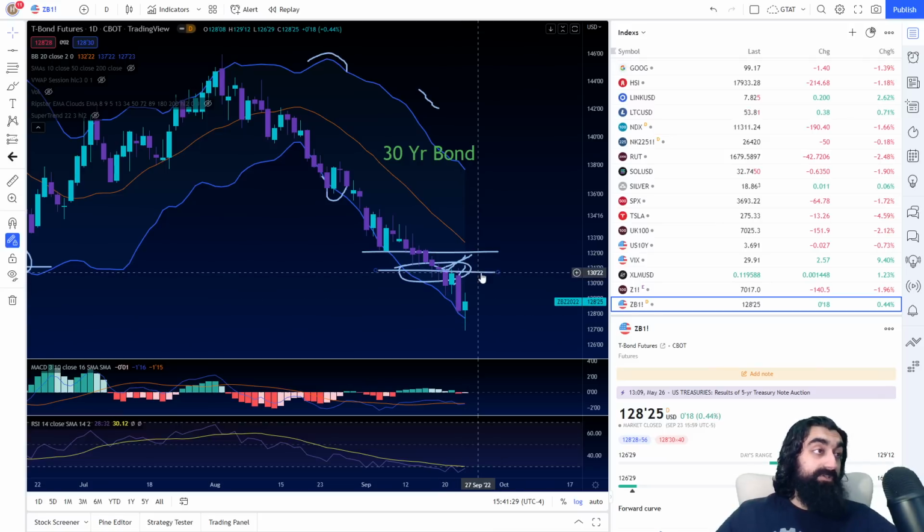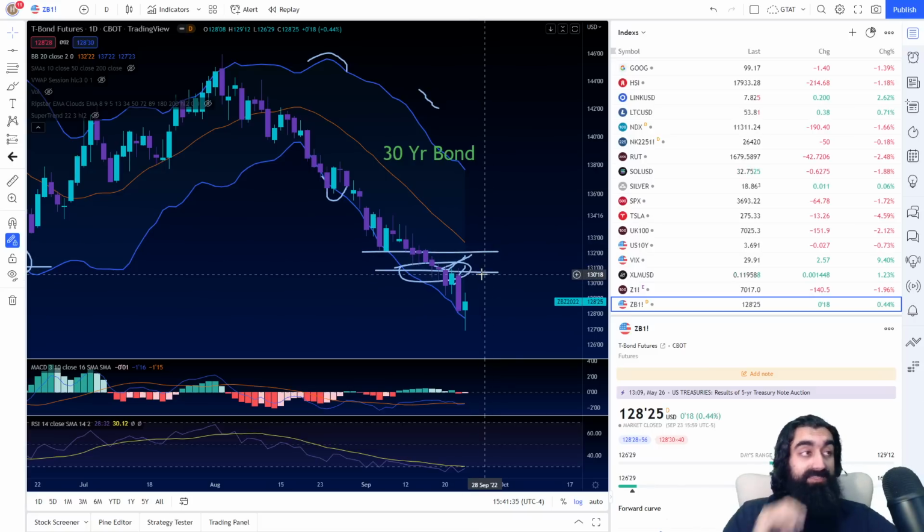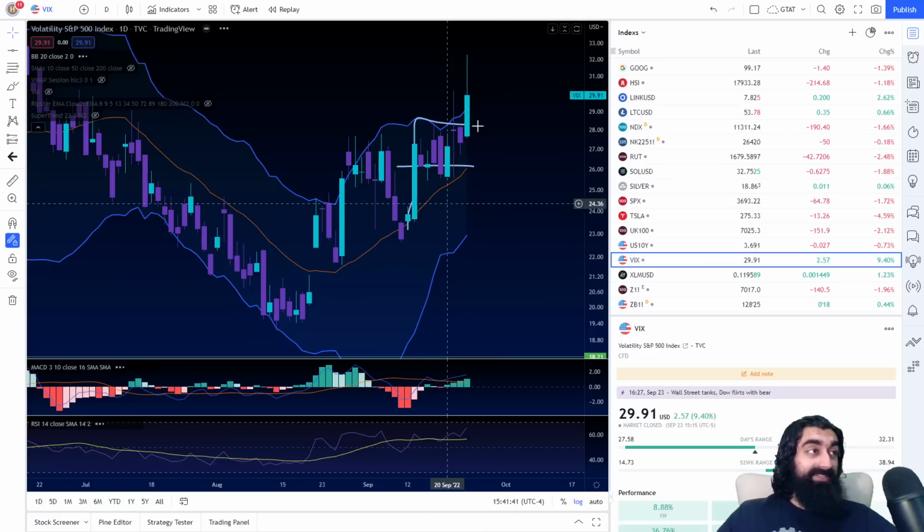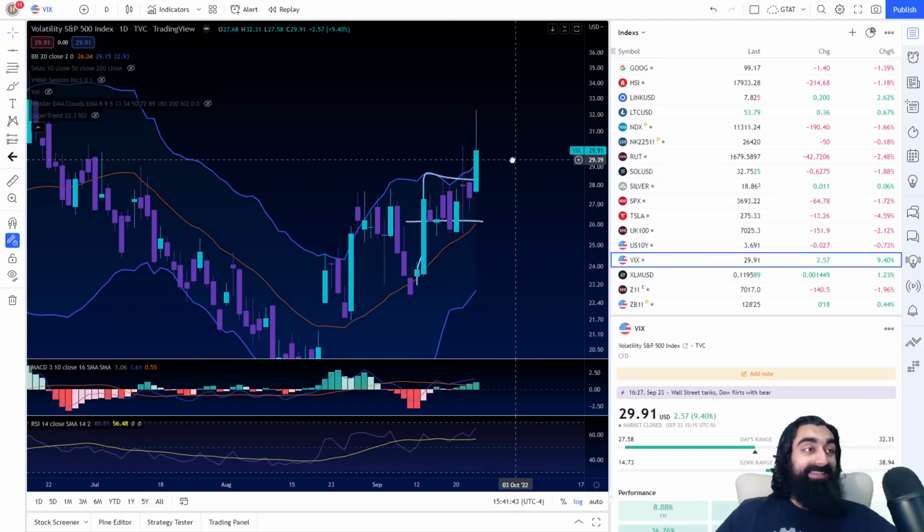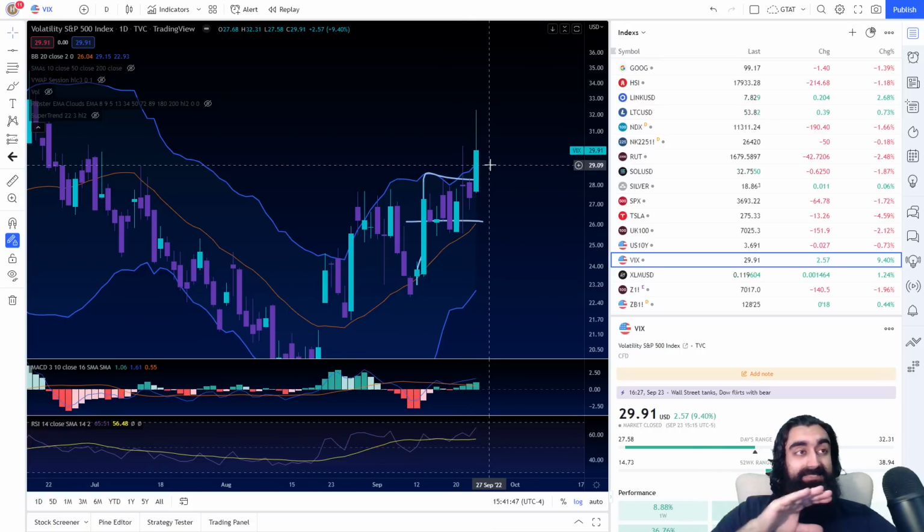Ideally, what we want to see on the bonds is a break back above 130.22, and that strength in the bonds can easily translate into the stock market if we break back above these levels of resistance, in my opinion. The VIX obviously also skyrocketed, so a lot of these indicators need some time to simmer down for another potential leg down.